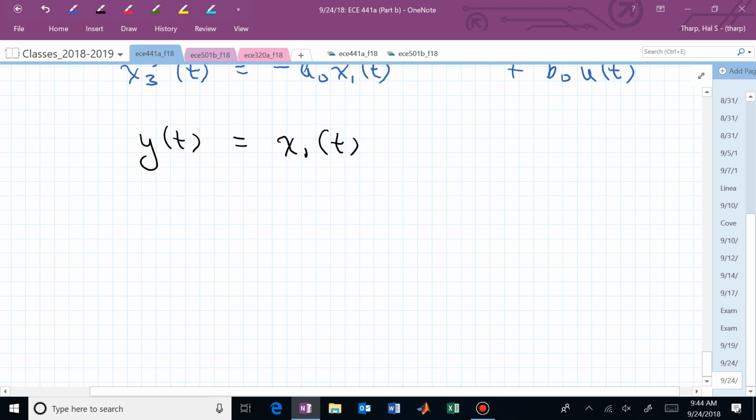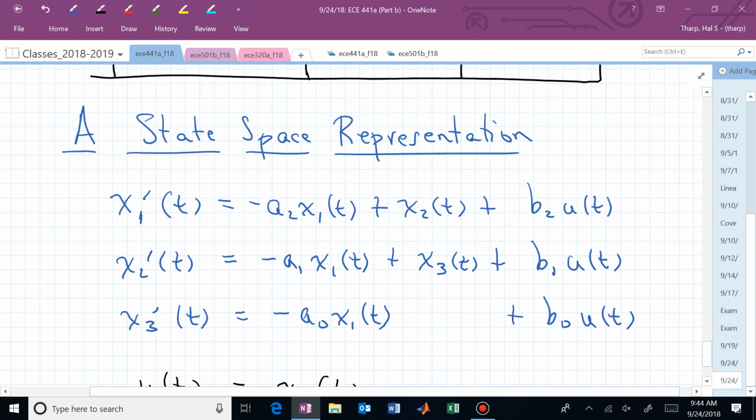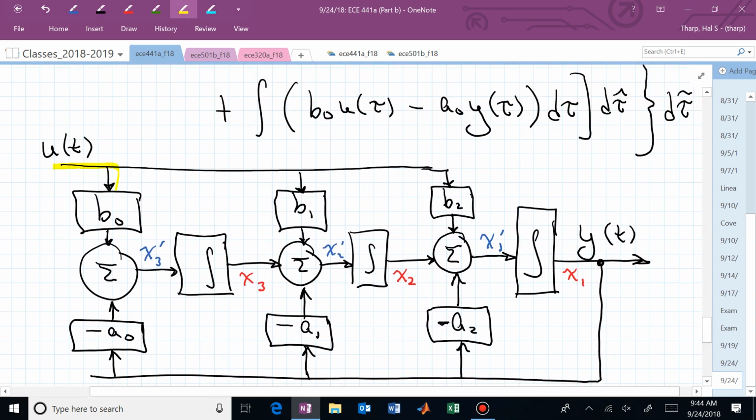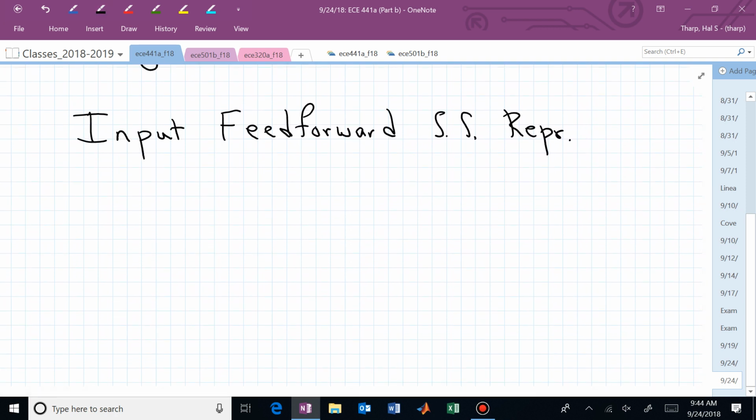And we can now put this into a state space representation that's called an input feedforward state space representation. And where did that name come from? Do you see that the input is being fed forward to create this state space? It's not just coming in at the left one time, it's actually being fed forward into several summing junctions.